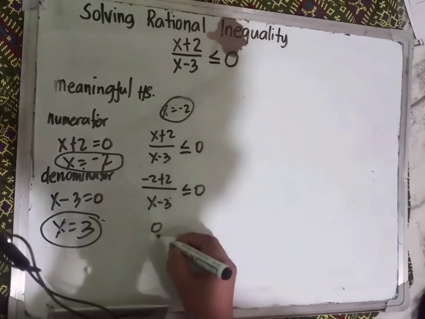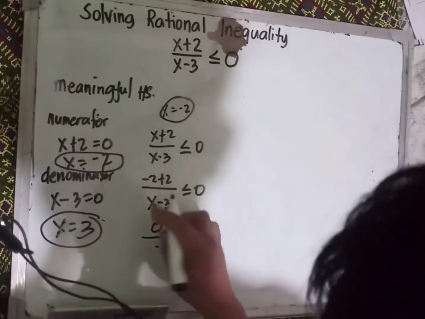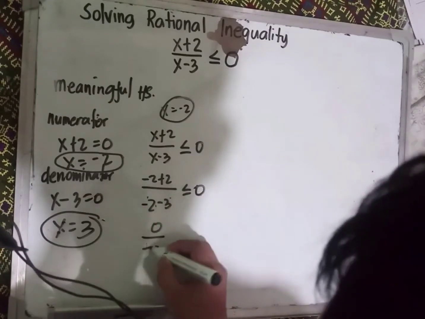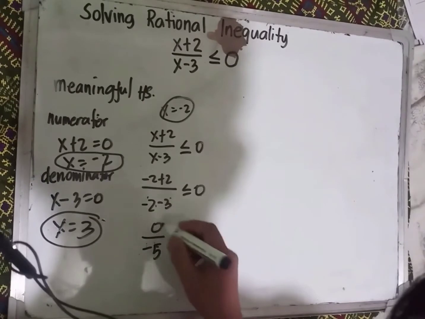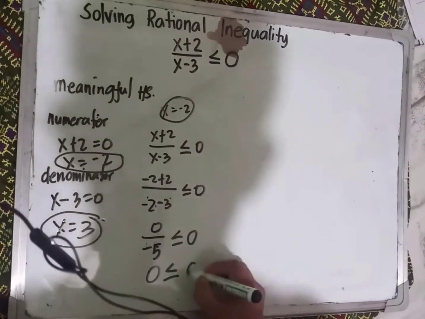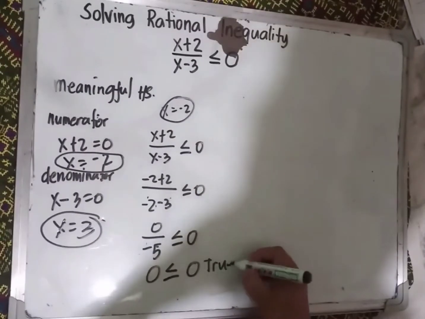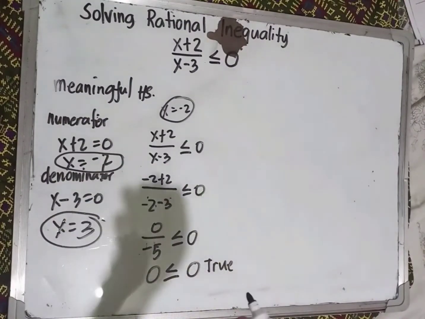That is 0 over negative 5, which is 0 ≤ 0. True or false? That is true. So negative 2 is part of the solution.